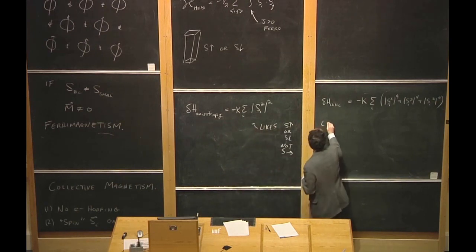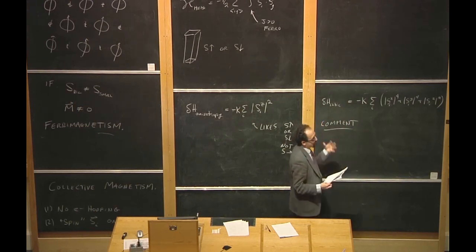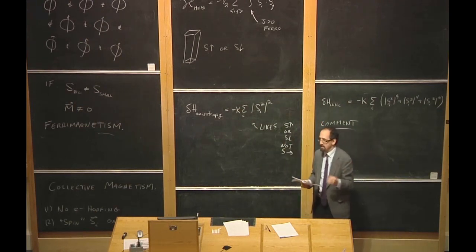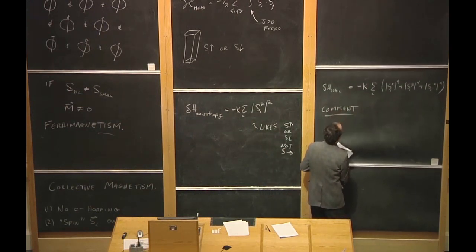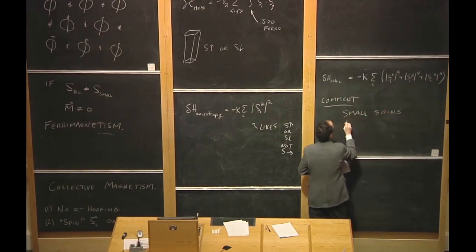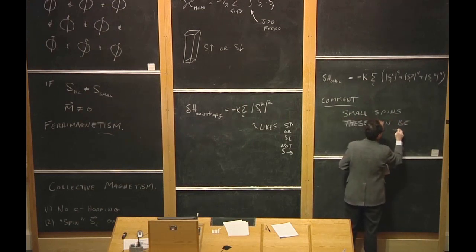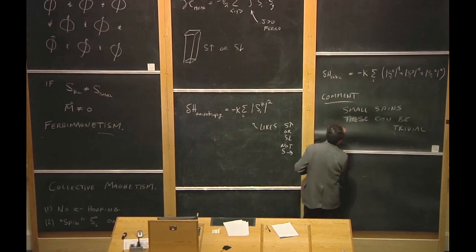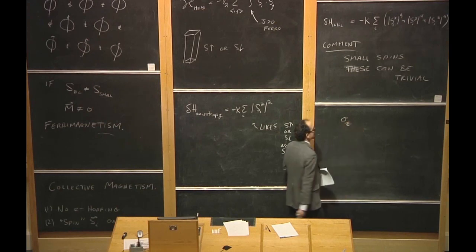Just one comment. What we've written here is based on our intuition for spins when we're thinking of them as classical vectors. For small spins, these terms can be trivial. What do I mean by that? Well, suppose I tried to write this down for a spin 1/2. Remember the spin 1/2 Pauli operator, sigma z, the Pauli spin matrix.